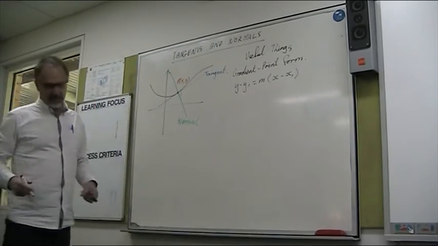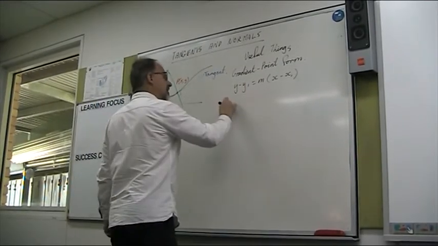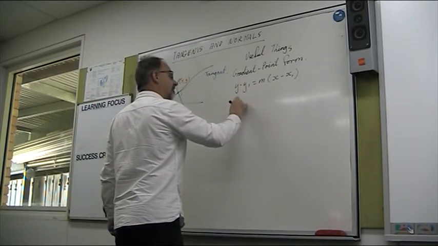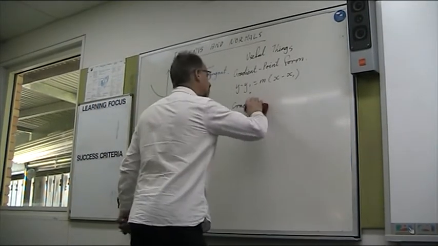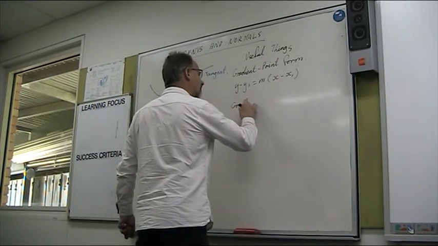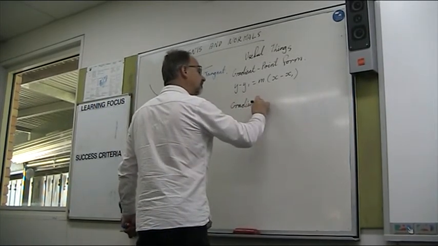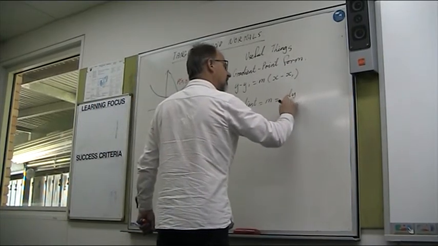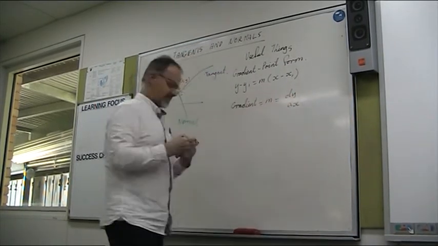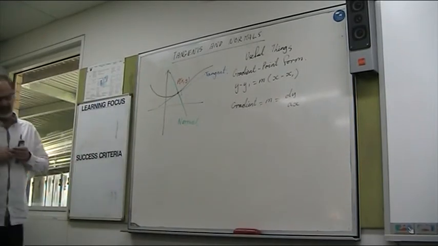The other thing that is useful to us is that the gradient itself is equal to m, which is also, of course, the derivative at that particular point.